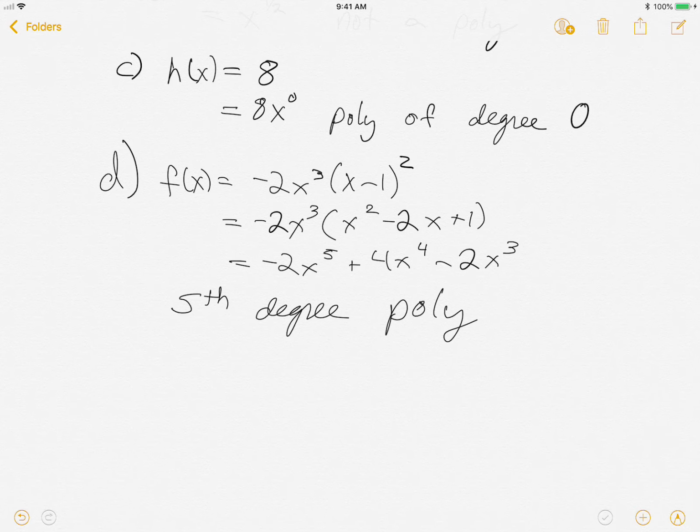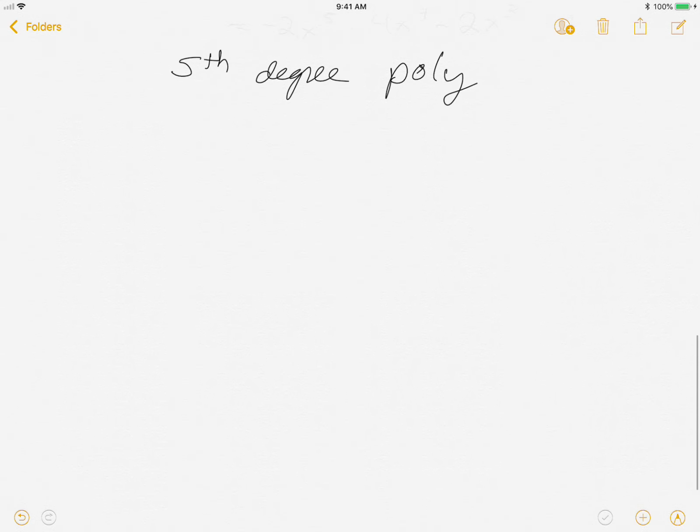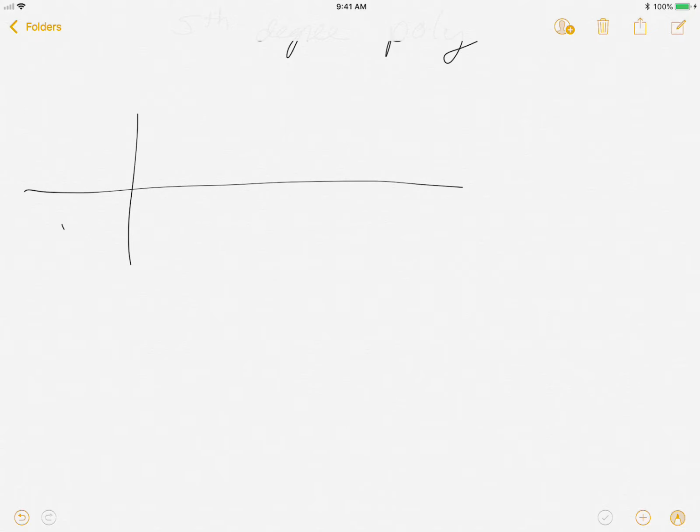Okay, now let's talk about some important things about polynomials. If I have some polynomial and it runs across here and looks like this, everywhere it crosses the x-axis is an x-intercept.